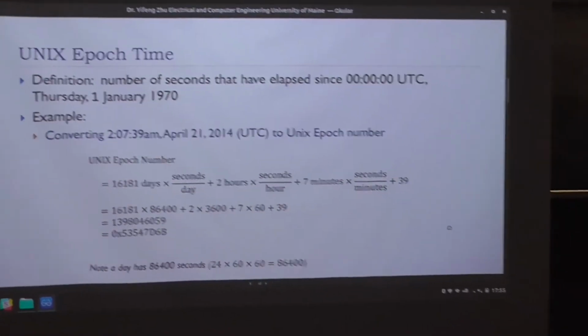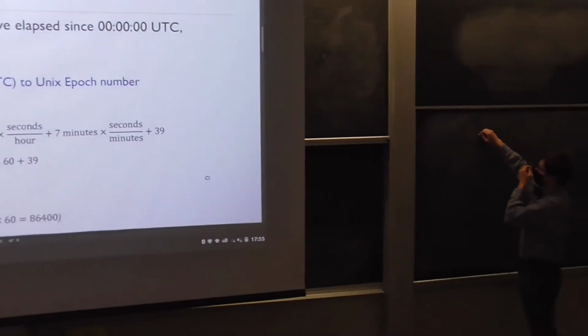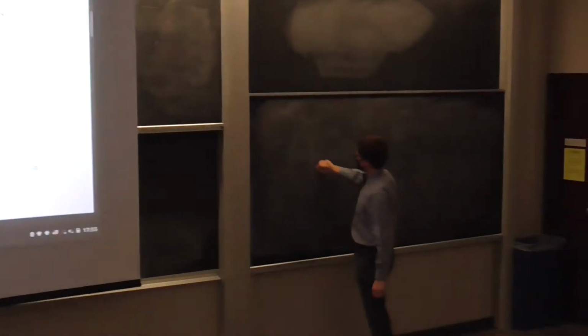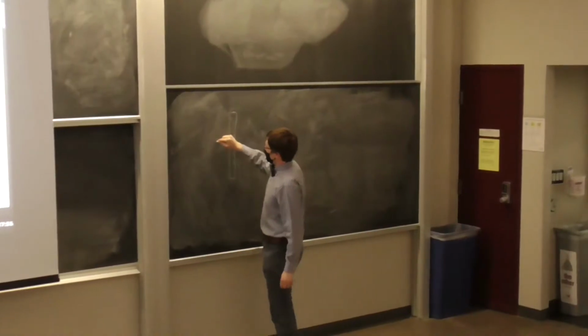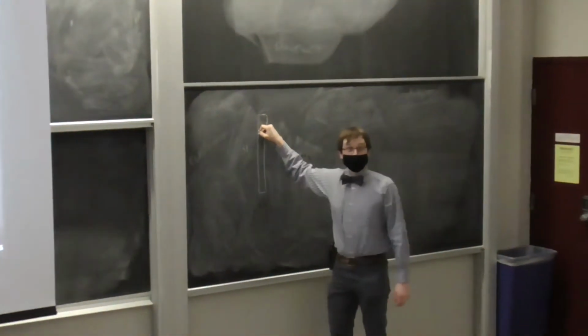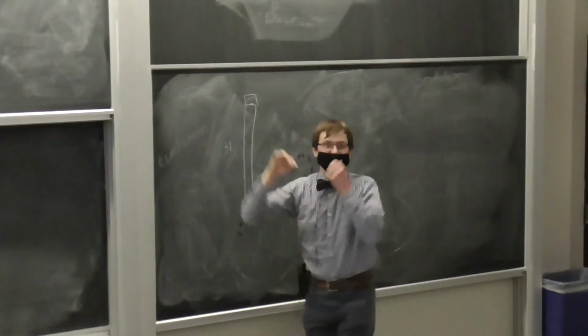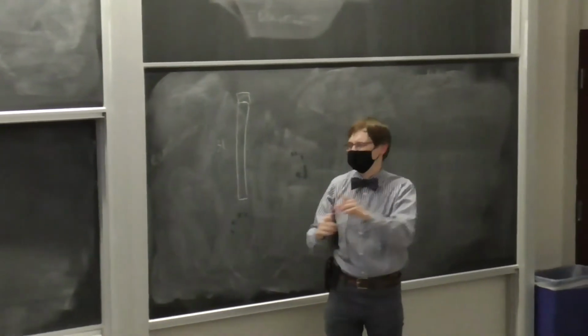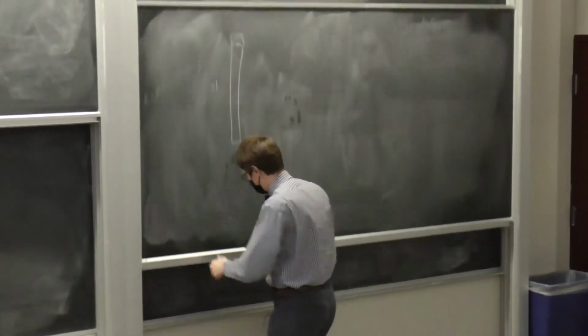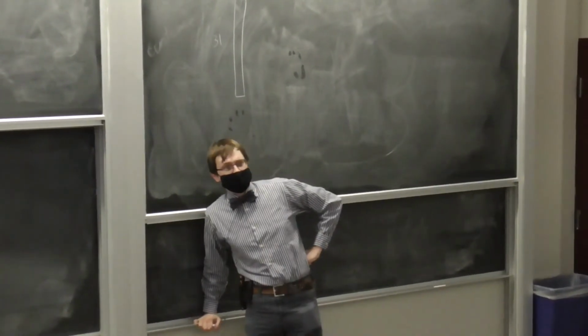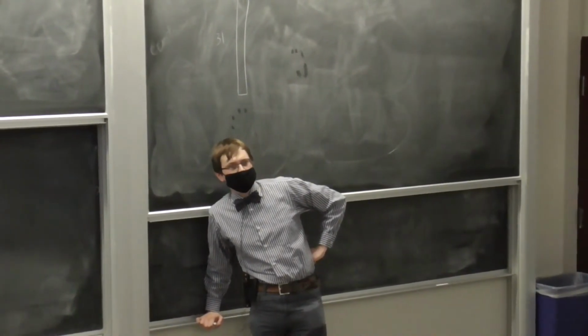So we have 31 bits to record the time, and 1 bit to indicate the sign. It's actually not done exactly this way. Have you guys done 2's complement? A little bit?